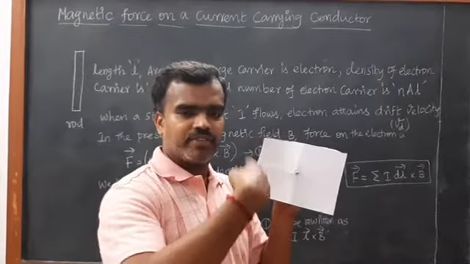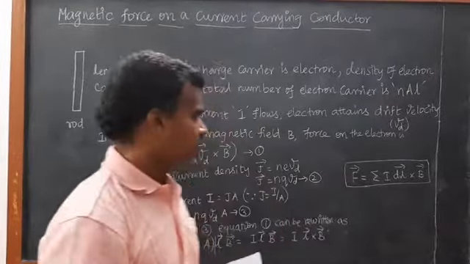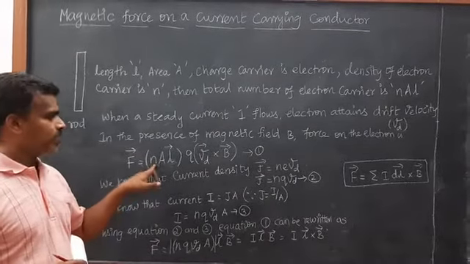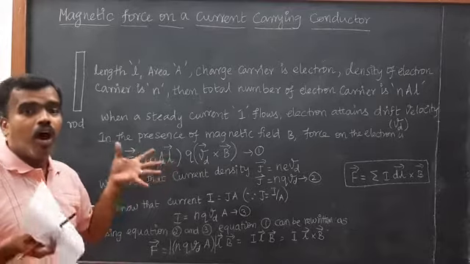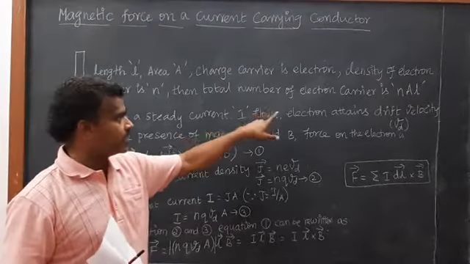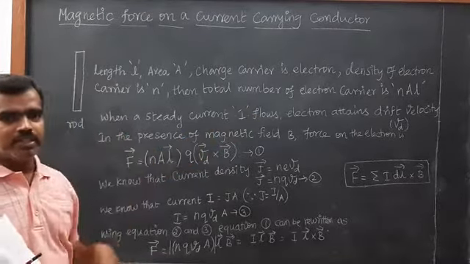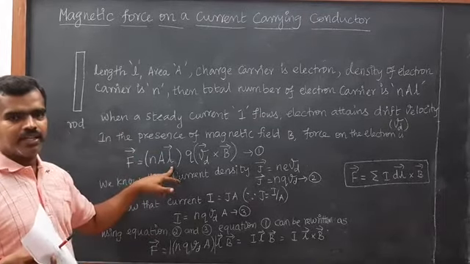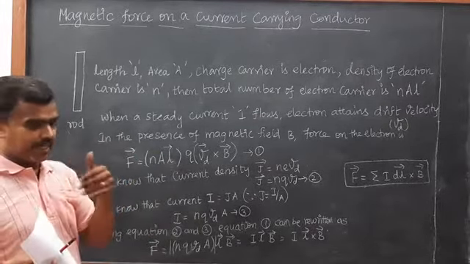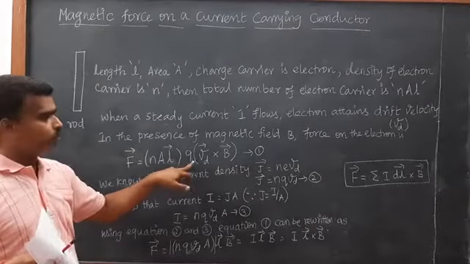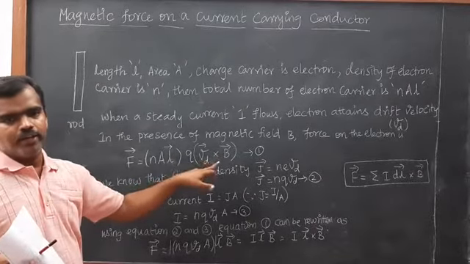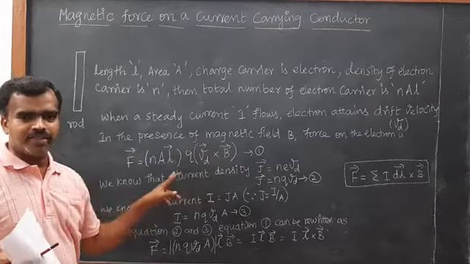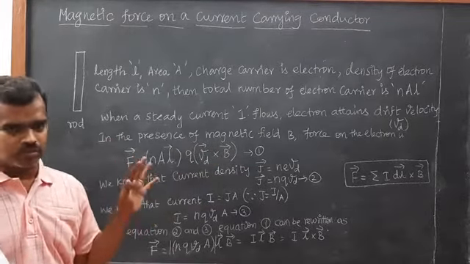Both current and magnetic field are perpendicular. So F vector is equal to nAL, the total number of electron carriers in that rod, where L is the length and has a direction, times q into v_d vector into B vector, which is the magnetic force.